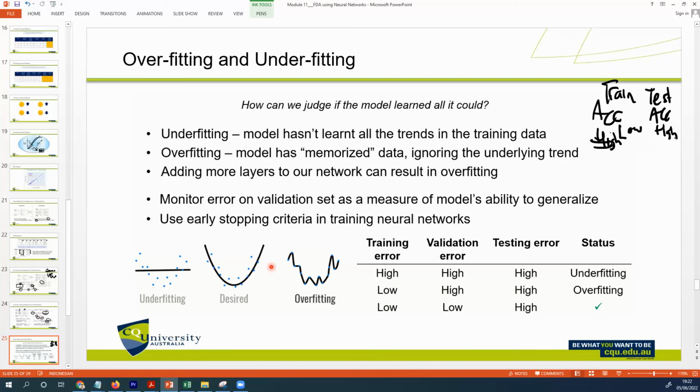Overfitting is when the training data accuracy is high and the testing accuracy is lower than the training. That is what we call overfitting.